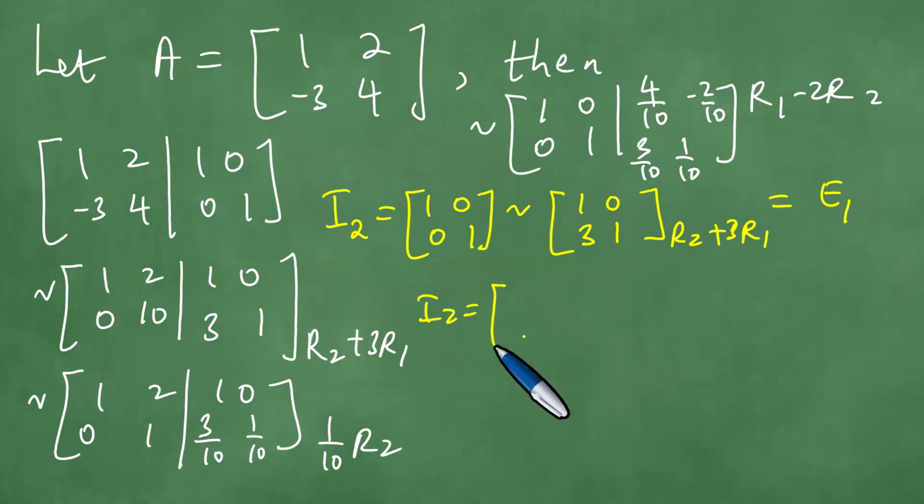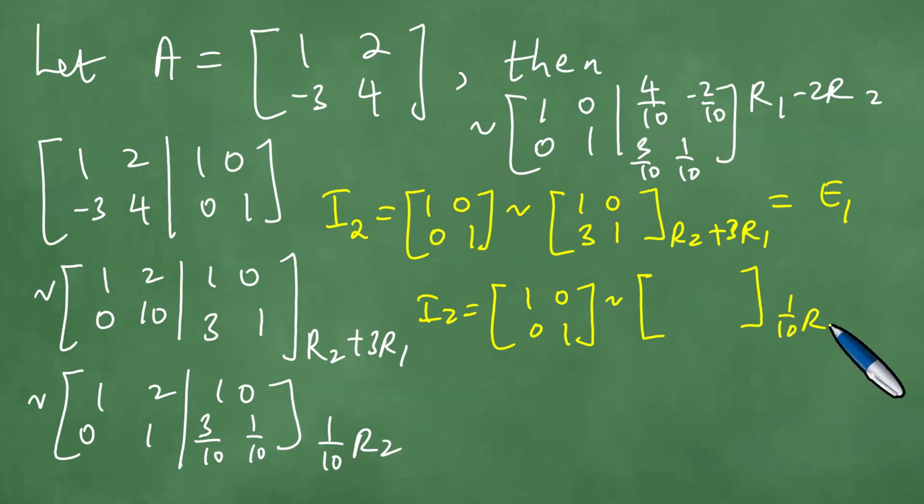Now we take I2, which is 1, 0, 0, 1, and we get the next one, which is 1/10 row 2, which is 0, 1 out of 10, 1 and 0, which is the second elementary matrix.